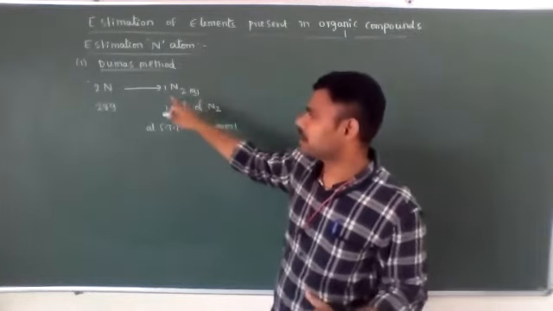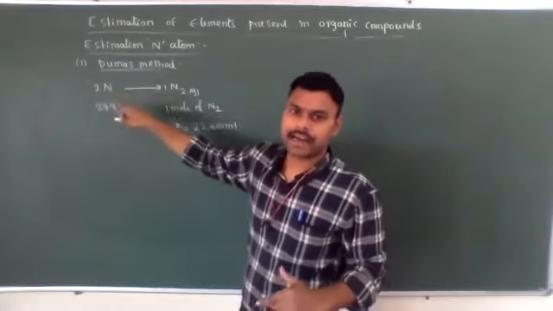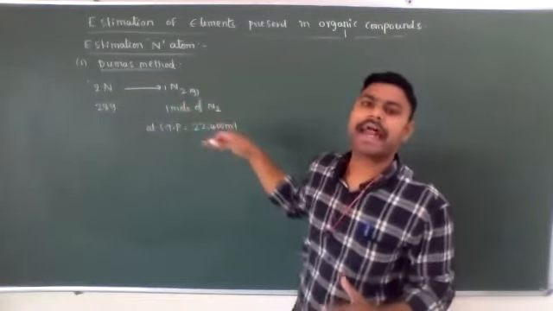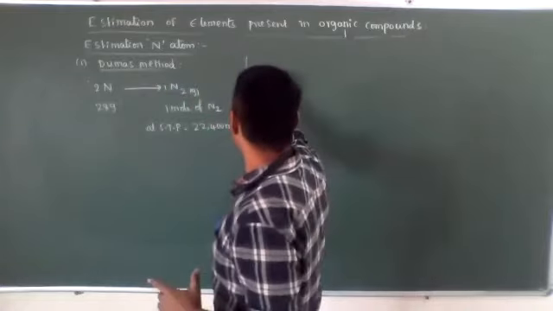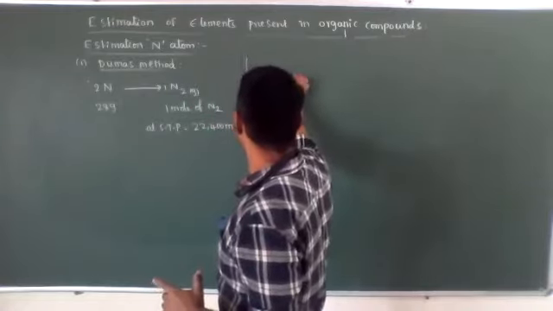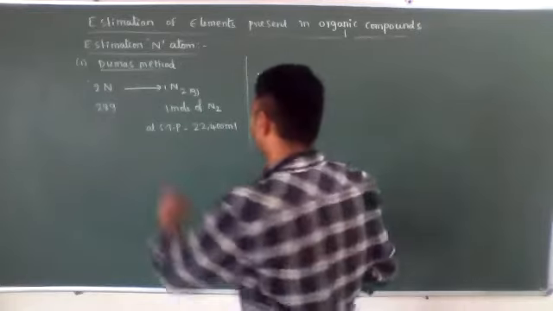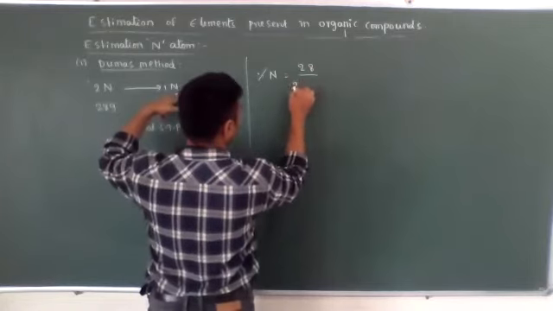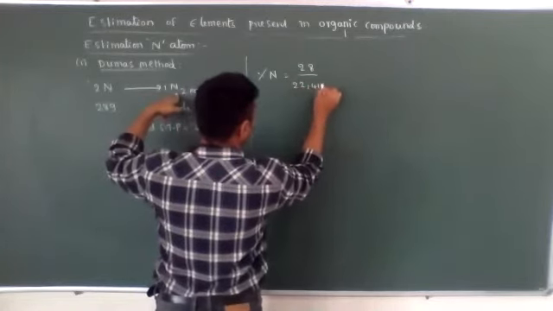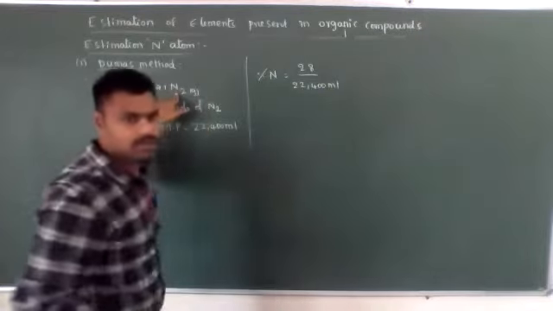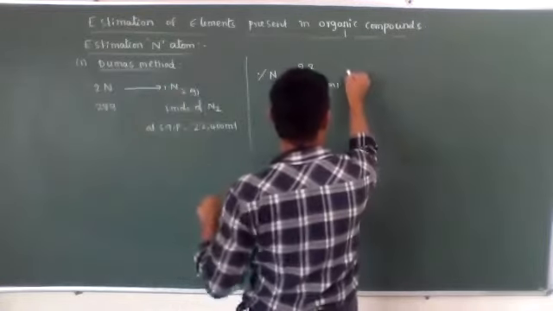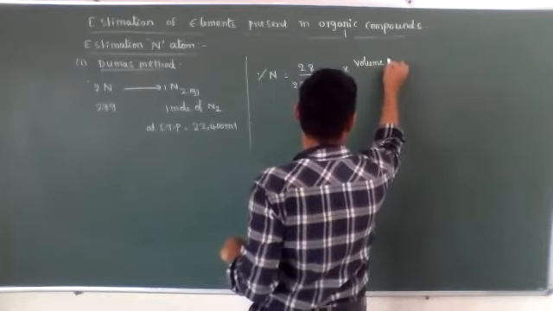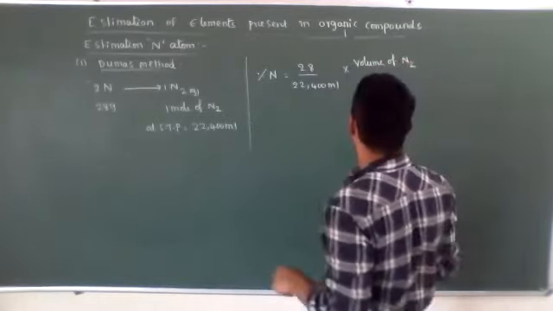So in this method, the nitrogen in the organic compound is converted into N2 gas. In this case, the percentage of nitrogen formula is equal to the gram molecular weight of N2, that is 28, over its occupied volume 22,400 ml, into the volume of N2 at STP.